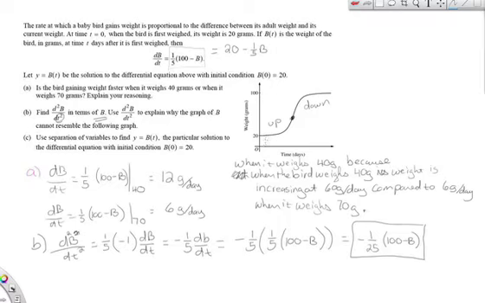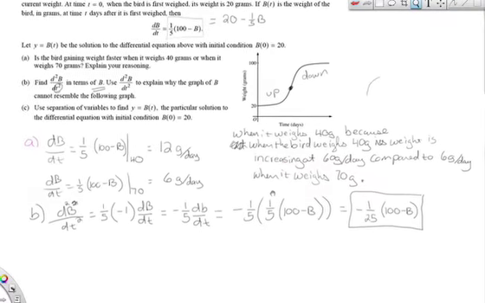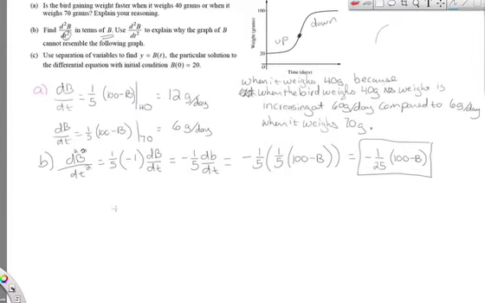If I plug in a number like 1 or even 0, you can clearly see I get a negative for a second derivative. So that means my graph actually starts off concave down, not concave up. So I just need to say something to that effect.